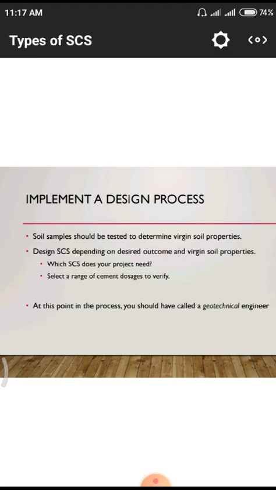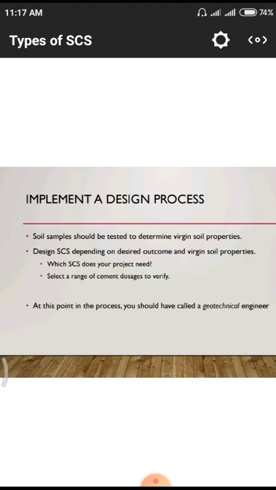And the next one, a range of cement dosages to verify. That means how much material is required, and if cement stabilization is costly, we need to go for alternative stabilization methods like chemical or others, and choose whichever process gives more strength. Why? Because our project life depends upon the soil conditions.